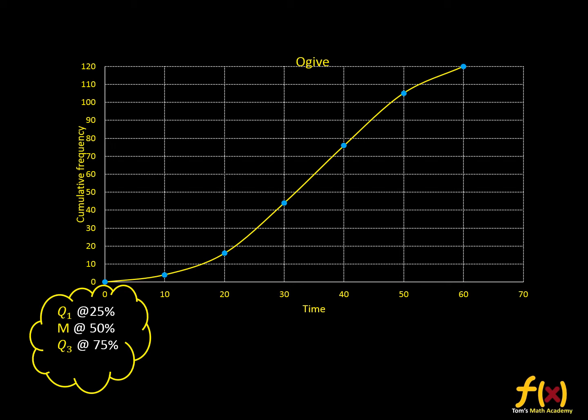The highest number is 120. 25%, or you can say 1/4. What is 1/4 of 120? It is 30. So you start from 30 and then come down to calculate the time. We are looking for Q1, the lower quartile.